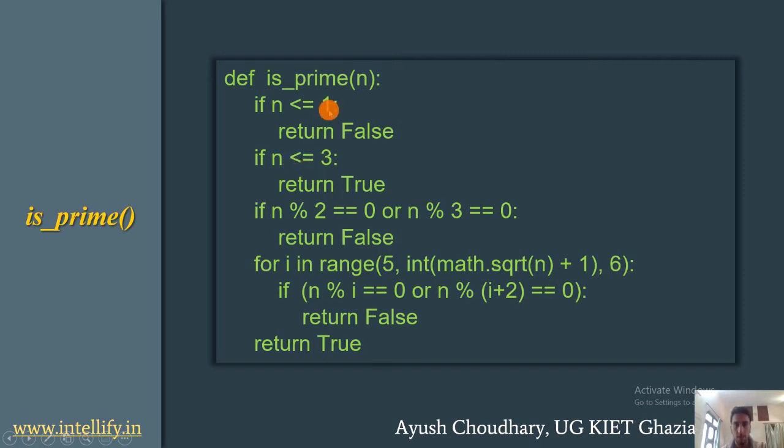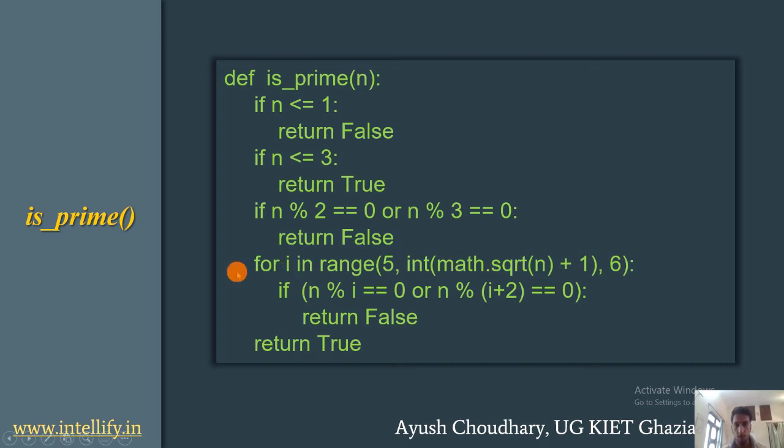I have eliminated all the numbers before 1, including 1, so here I am left with only 2 and 3. Both 2 and 3 are prime numbers, so it will return true. After that, if any number is divisible by 2 or 3, it won't be a prime number. I have eliminated all the multiples of 2 and 3 here, so it will return false. Then I will check for 5.